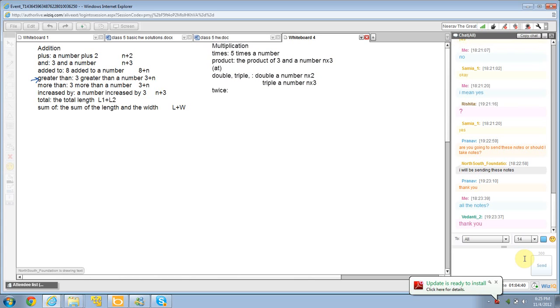So twice. Twice the number. Twice is the same thing as times 2 or doubling. And then "of," or fractions. Of a number. So if I say 3/4 of a number, that is 3/4 times y.